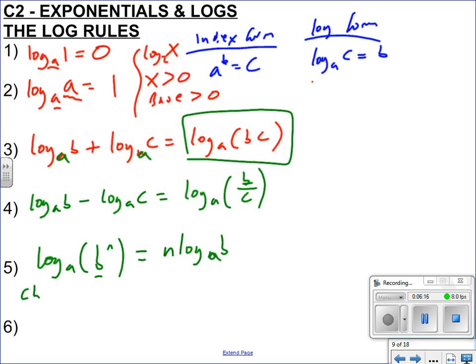The last one is changing base. Now, like I said before, you've got that magic calculator at the moment with that magic button, log a, where you can put in the value there and you can put in the value there. Now, traditionally, we only had on the calculators log, which as we said in the earlier video, means log base 10.